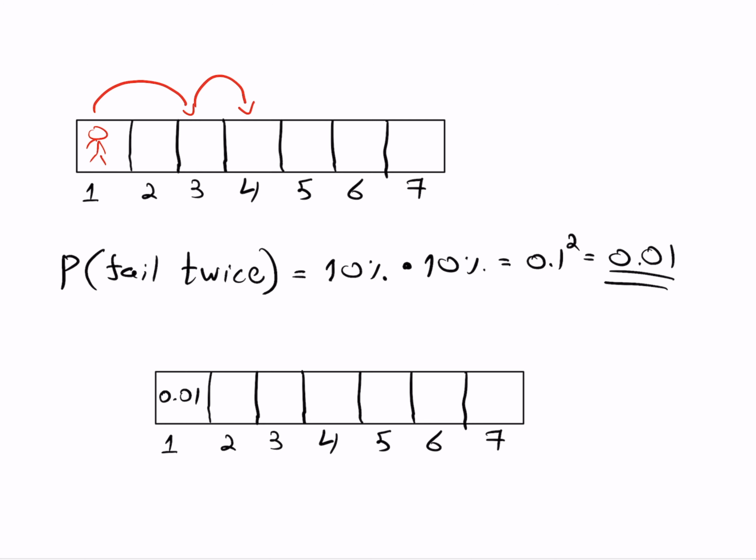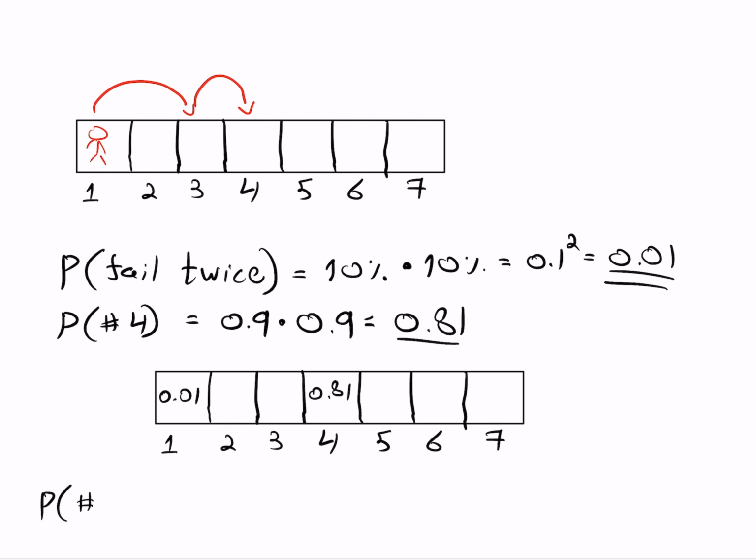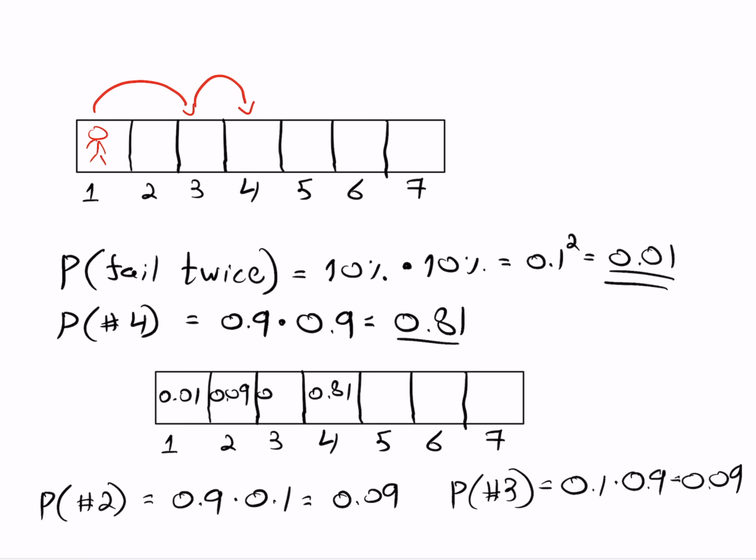And the posterior distribution for the desired bin or bin number 4 will be 90% for the first movement times 90% for the second movement, which is 0.81. So we have 0.81 plus 0.01. What about the other 0.18? So it basically is that I can move the first time but fail the second time, or I can move the second time but fail the first time.